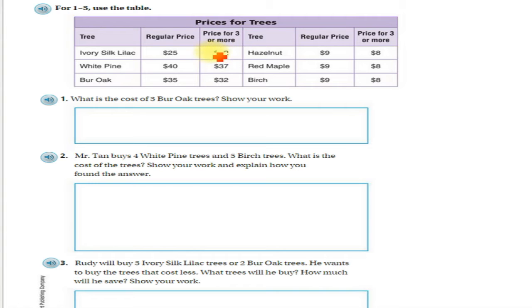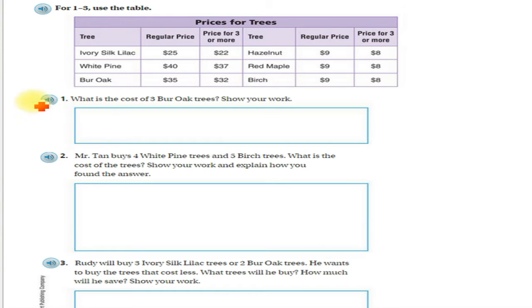This is kind of like our math on the spot video that we had earlier in the chapter. And over here I have 3 more trees, hazelnut, red maple, and a birch. And again, I have a regular price for these trees, and then I get a special discounted price if I buy 3 or more of them.